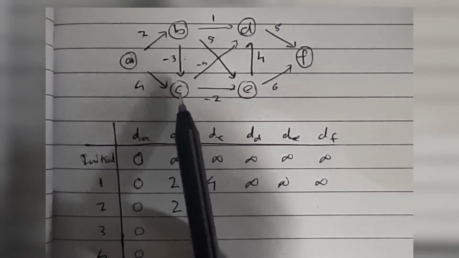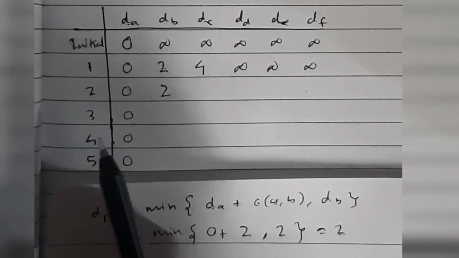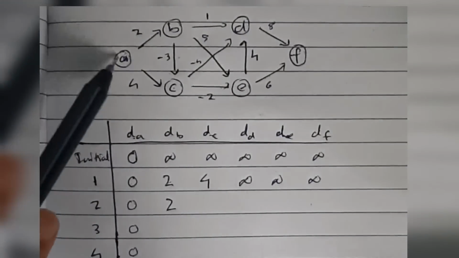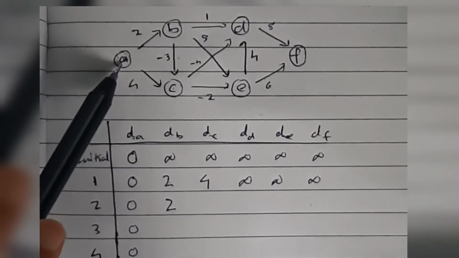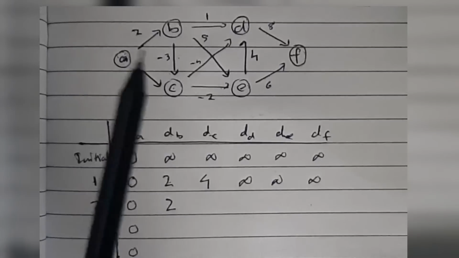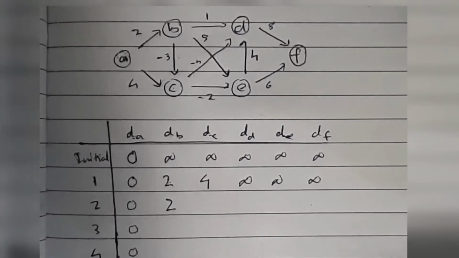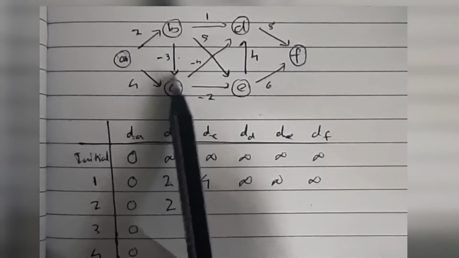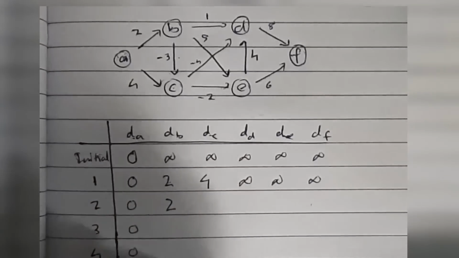Similarly, for the C, dC means for the source C, how many ways do I have for reaching C? See, the first way to reach C is from A to C, I have direct. Second is through B. So 2 ways I have, from A and from B. Just look at this circle here, how many arrows are coming in and from where these arrows are coming, that we will note down.